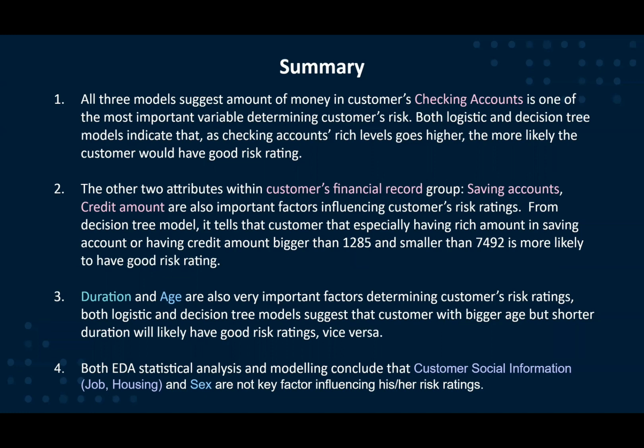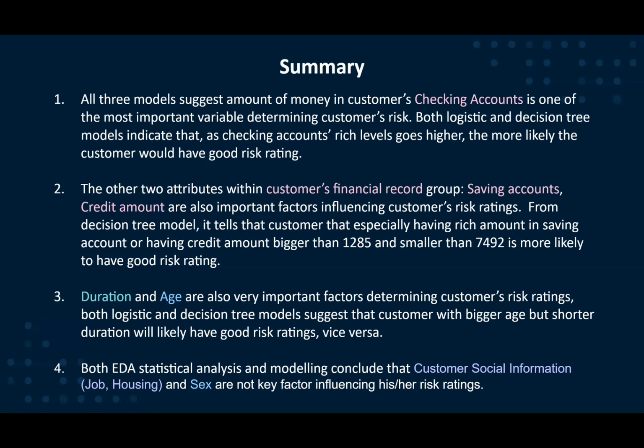And besides checking accounts, the other two attributes in customers' financial records are also very important factors influencing customers' risk rating. From the decision tree model, it tells us that a customer especially having a rich amount in saving accounts or having credit amounts bigger than 1,200 and smaller than 7,000 is more likely to have a good risk rating.